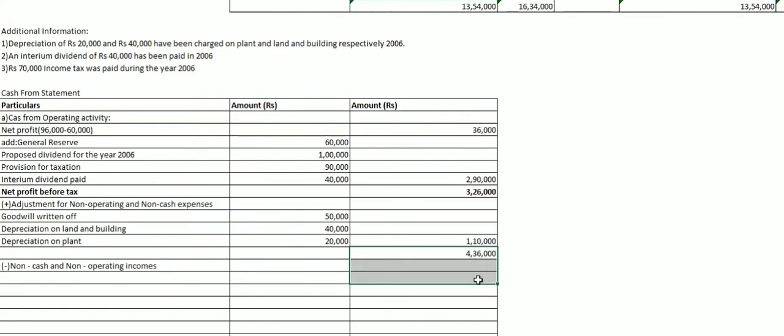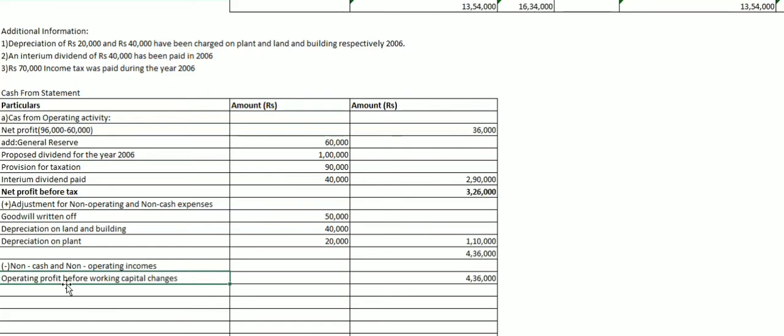So this 4,36,000 is nothing but your operating profit before working capital changes.